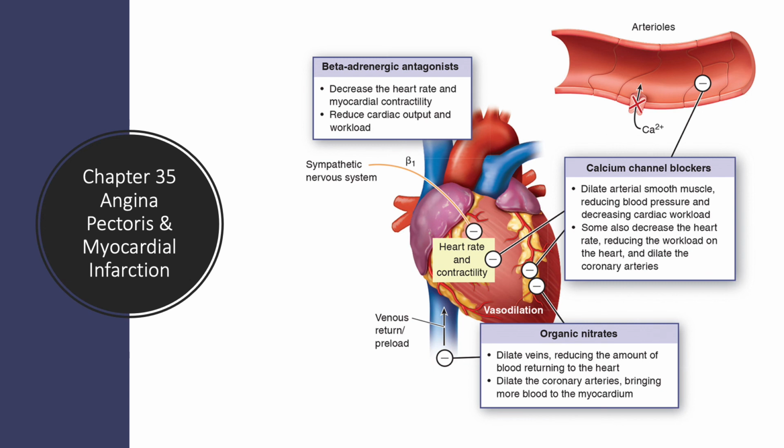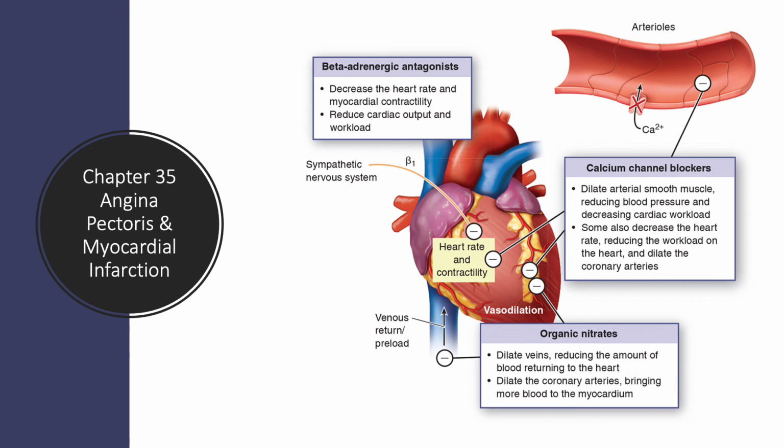It comes IV. It comes orally. And it's all about doing the same thing. So nitrates, what do they do? They vasodilate, in particular the veins. Okay, so that's going to reduce the amount of blood coming back to the heart, which will reduce preload.